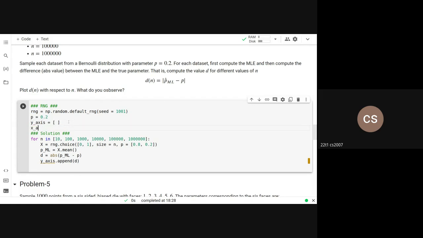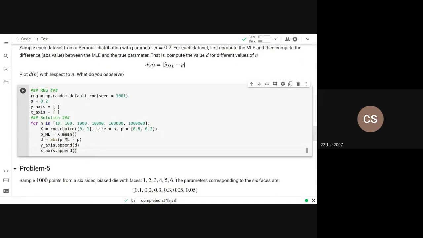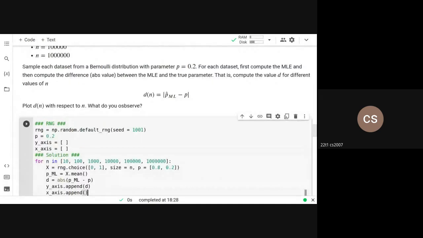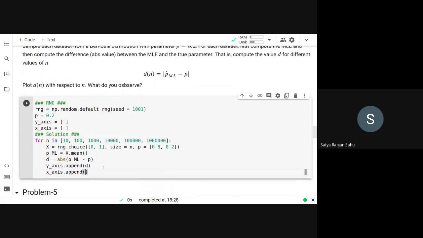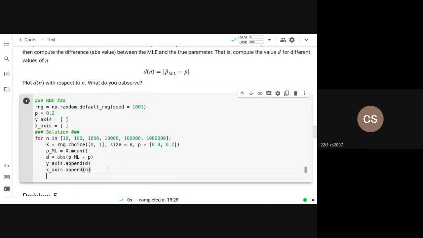And in the X axis, what numbers will you have? What are you plotting? D_n versus n. So I'll append n on the x-axis.